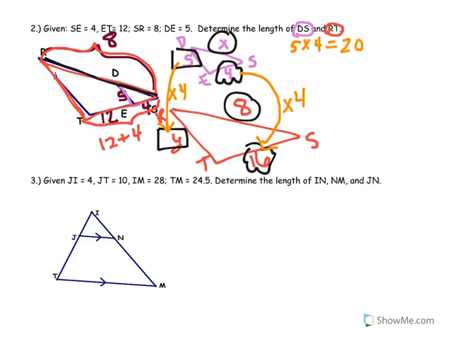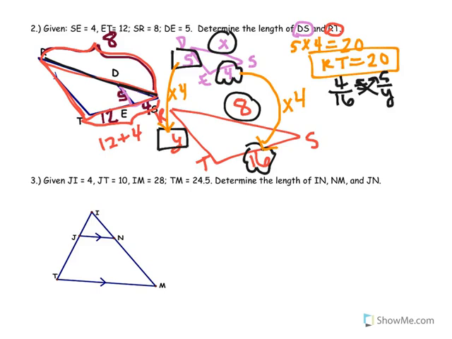So Y, which was RT, is going to equal 20. If that doesn't make sense to you, you can always set up the proportion 4 to 16 equals 5 to Y and use the cross product. You should get to the same answer, okay?